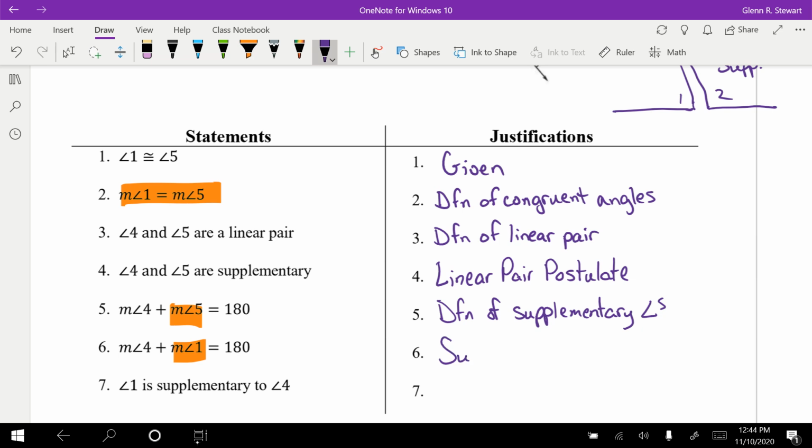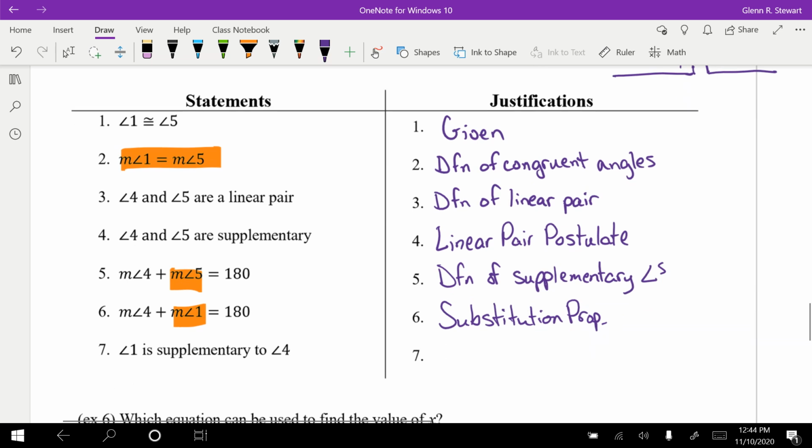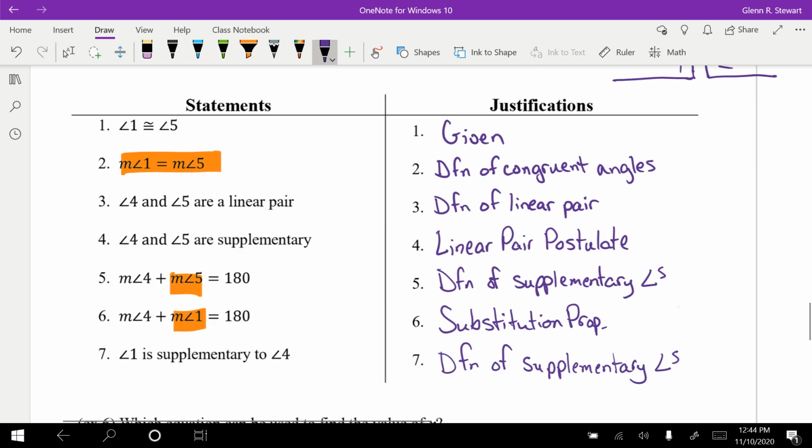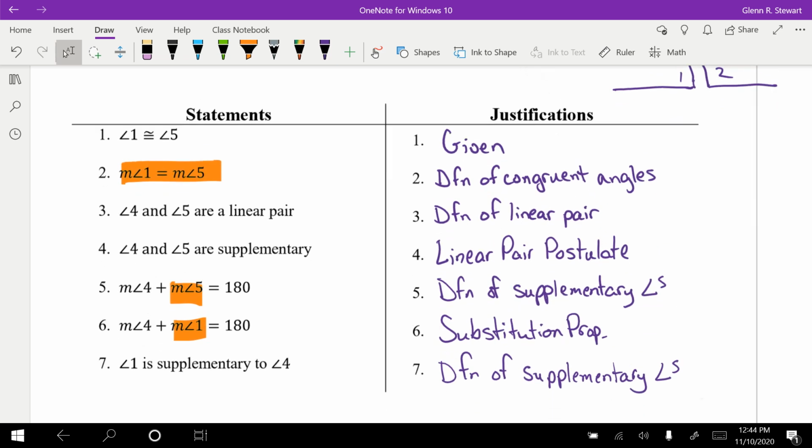So that's substitution. And then angle 1 is supplementary to angle 4. Again, that's definition of supplementary angles. And we use that based off of the fact that we were able to plug angle 1 in for where angle 5 was located.